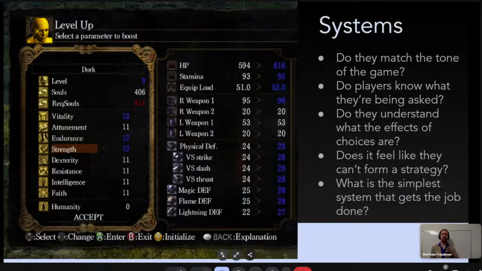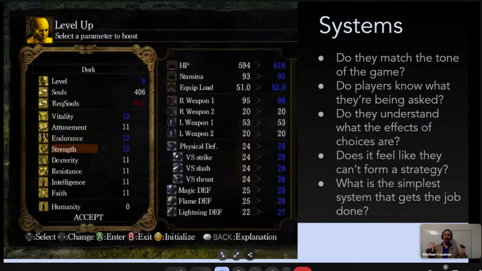I think probably a better example would be leveling in something like Darkest Dungeon, which is a very dark Lovecraftian style of RPG, versus something like Final Fantasy, which is large, operatic, epic, hopeful, optimistic, all that kind of stuff.